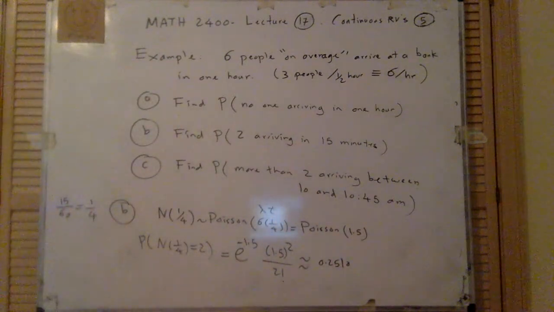So in 15 minutes, there is about a 25% chance that 2 people arrive.